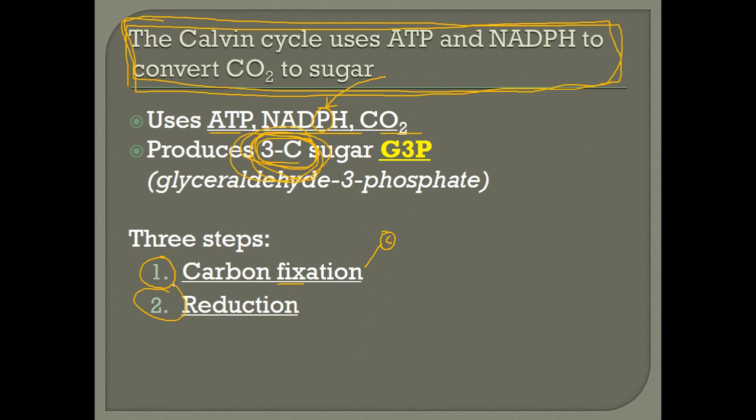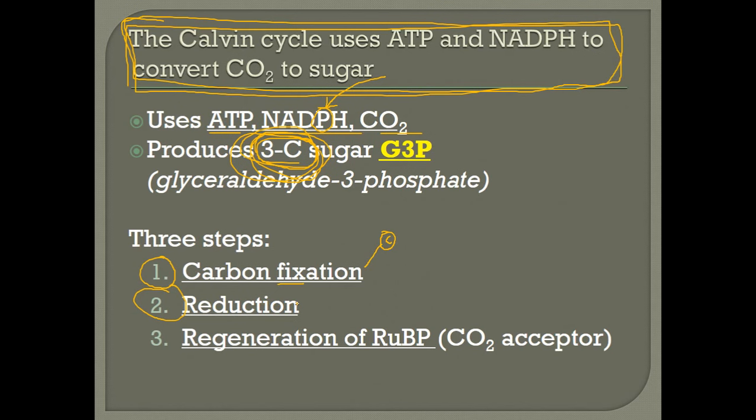Step 2 is reduction. Not reduction as in make it smaller, but reduction as in passing on an electron. And then step 3 is the regeneration of this molecule right here, which you'll learn more about later on. But RuBP, or ribulose bisphosphate, is a really common molecule.